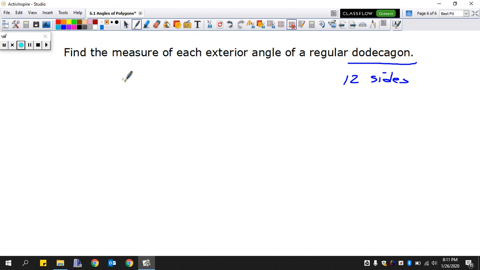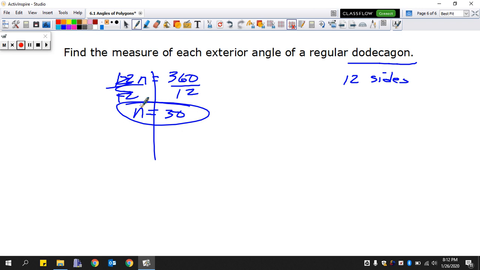So 12 times n is equal to 360. All right, and this is pretty straightforward. Divide by 12. Okay, so n is equal to 360 divided by 12 is 30. So each exterior angle of a regular dodecagon is 30 degrees.